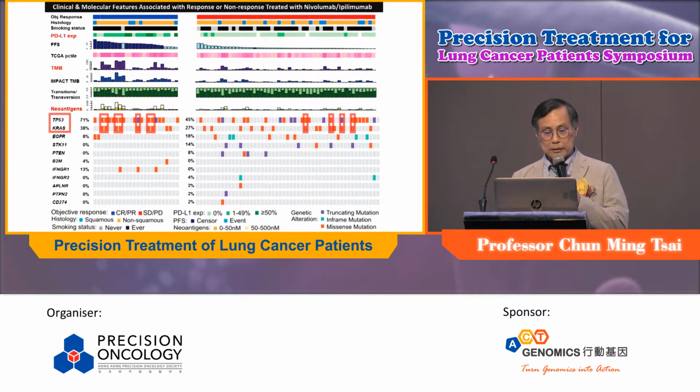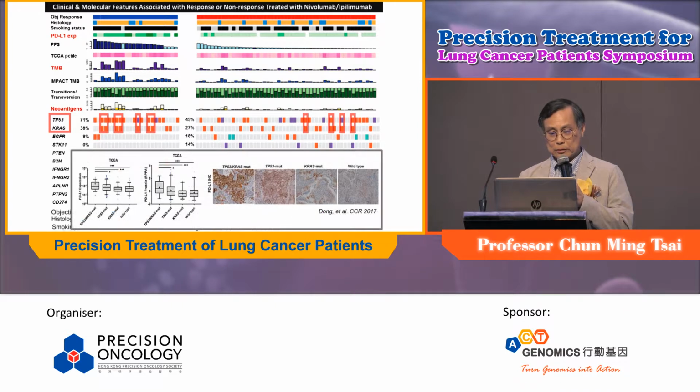With this kind of double genetic change, this tumor probably has a higher chance to express a higher level of PD-1 and PD-L1.